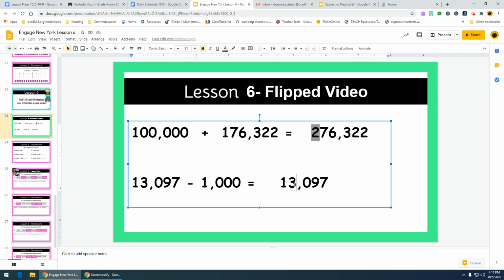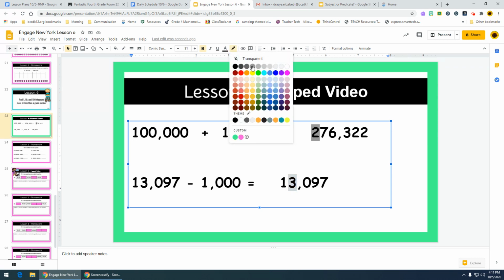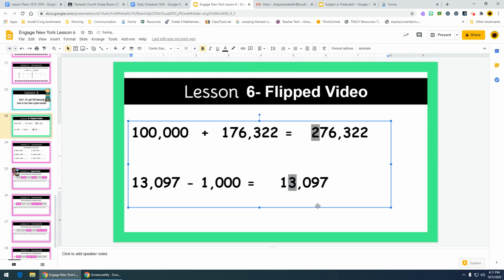So first thing I do is go to my answer, and let's highlight the thousands place. I then am going to take 1 away from it, so that 3 would turn to a 2. I would get 12,097. I do not change the rest of the numbers because I'm only working in the thousands period. The thousands spot on our place value.